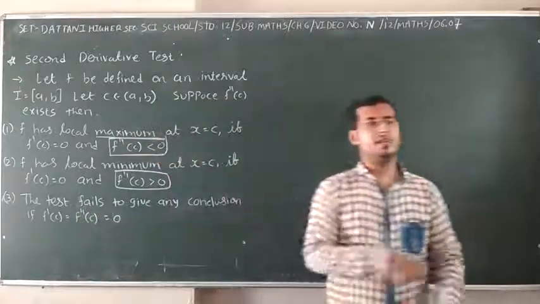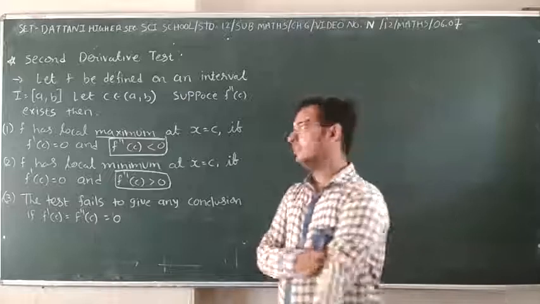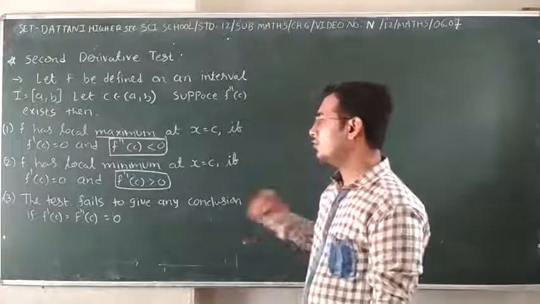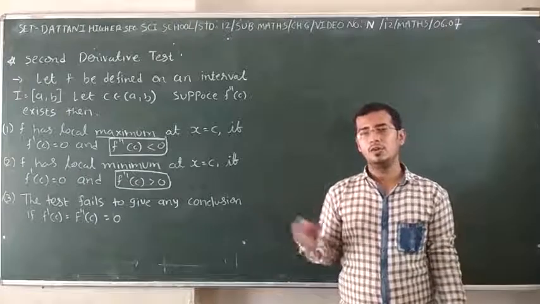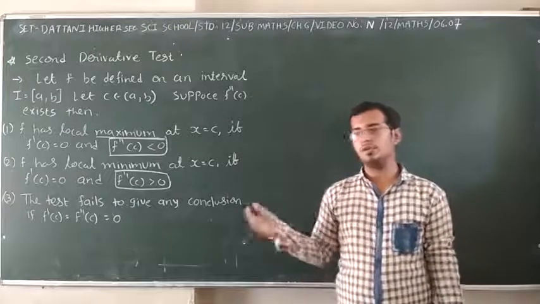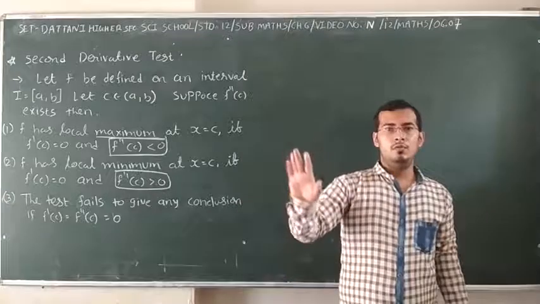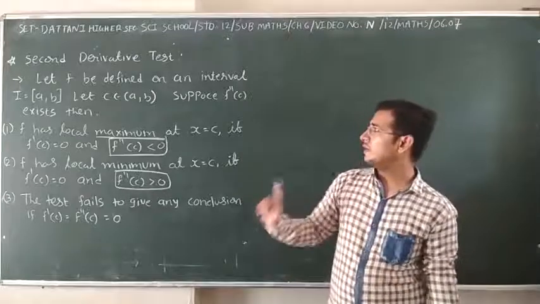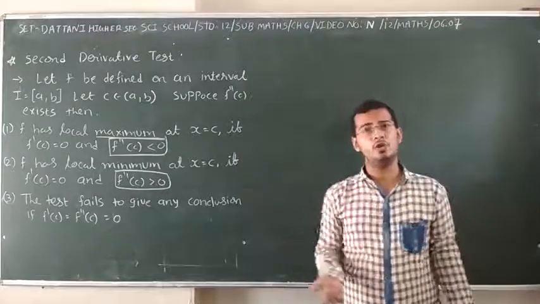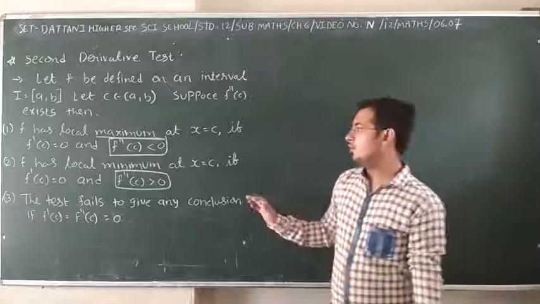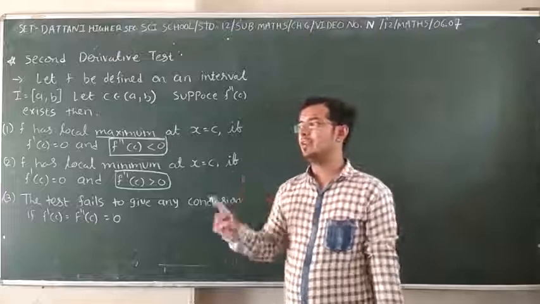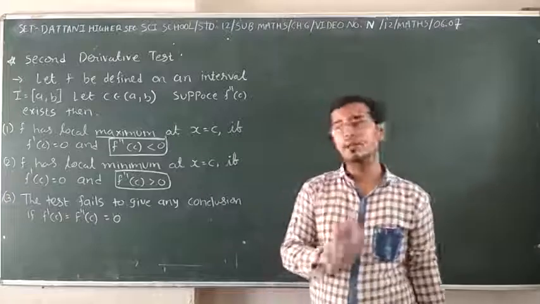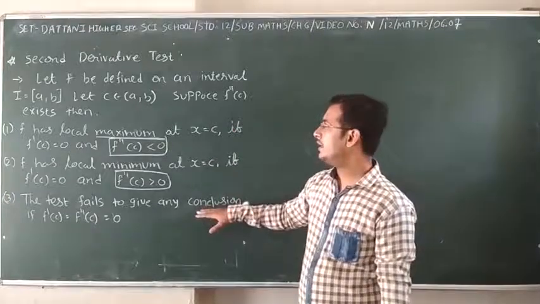If the second derivative f double dash c gives the value 0 and you cannot decide, then we cannot decide whether the value is a local maximum or local minimum. So here we just go for the first derivative test to find the local maximum and local minimum. Do not use the second derivative test if the second derivative is 0; otherwise you can perform the second derivative test.